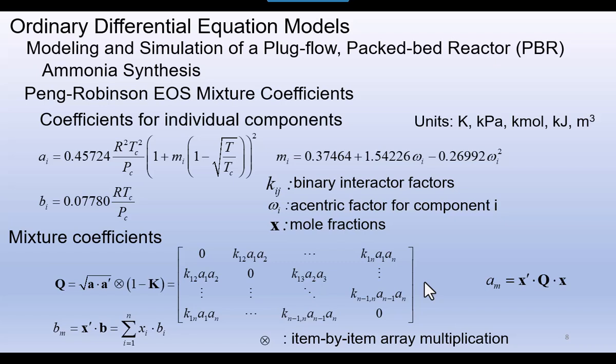So to get the mixture coefficients from the Peng-Robinson equation of state, we can get the individual coefficients from these two relationships involving critical properties of the components, and the factor here based on acentric factor for the component i.